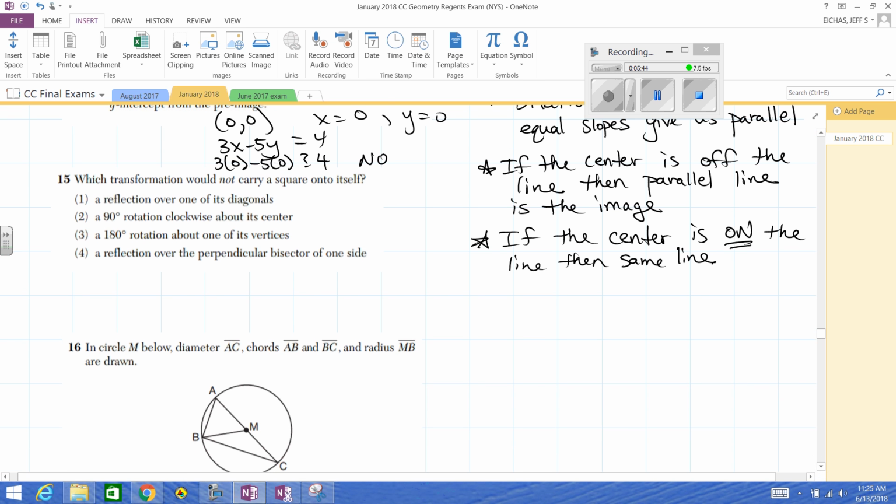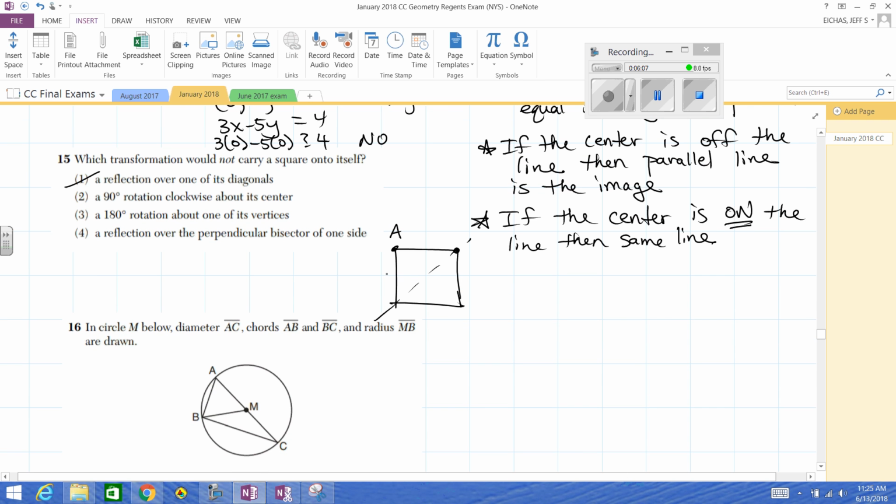Which transformation would not carry a square onto itself? A line reflection over its diagonals does. So think of a square, that does. A 90-degree rotation, now, here's what a lot of students we've talked about before.